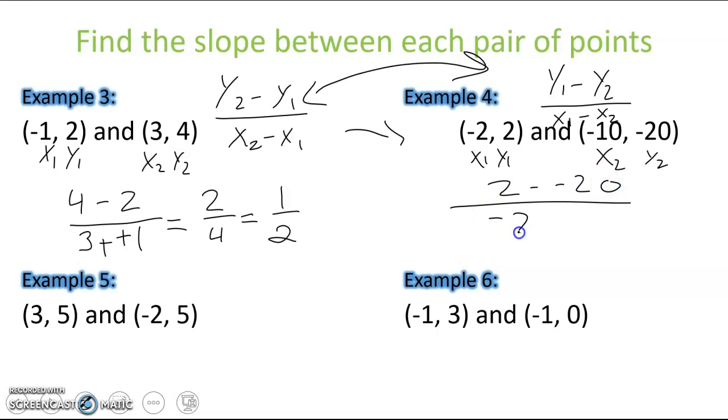And then x1 minus x2, negative 2 minus my x2, which is negative 10, so minus a negative 10. Minus a negative turns into a plus. I go ahead and add these. I get myself on the top 22 over negative 2 plus 10 is 8.